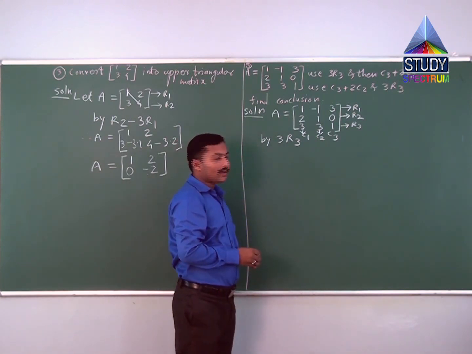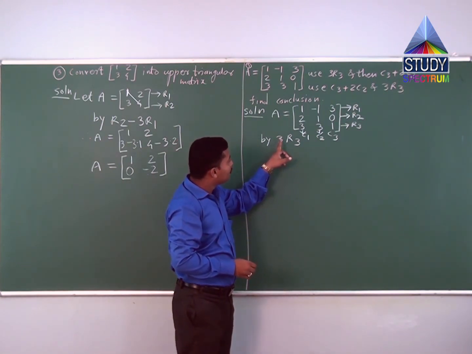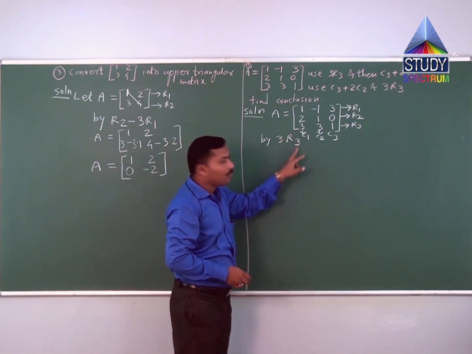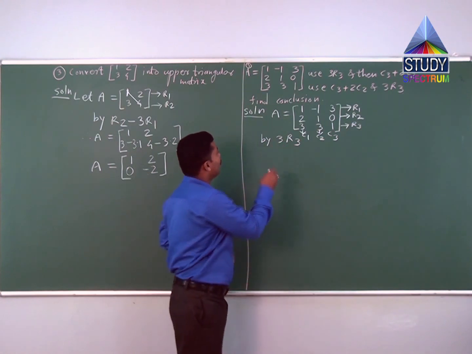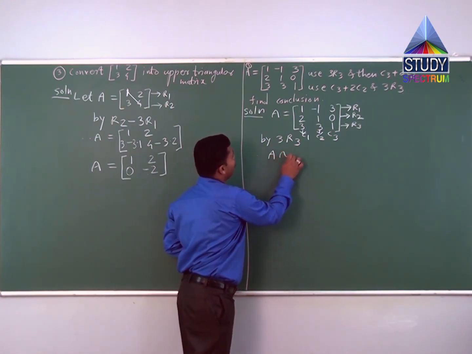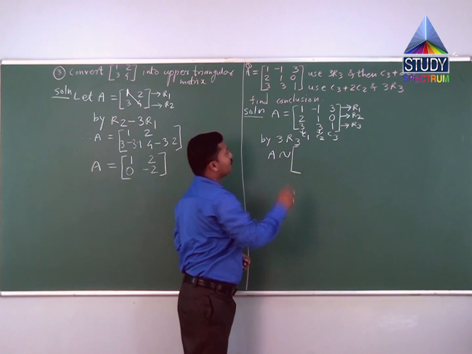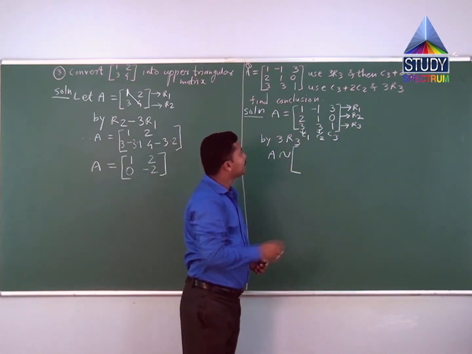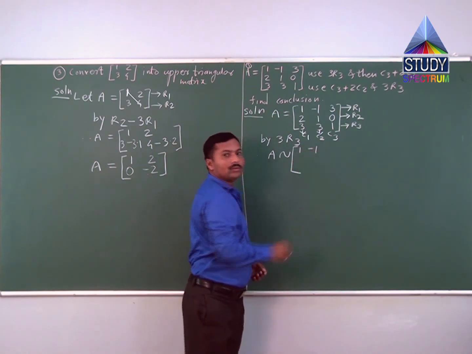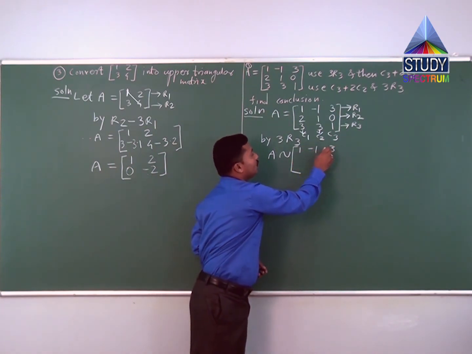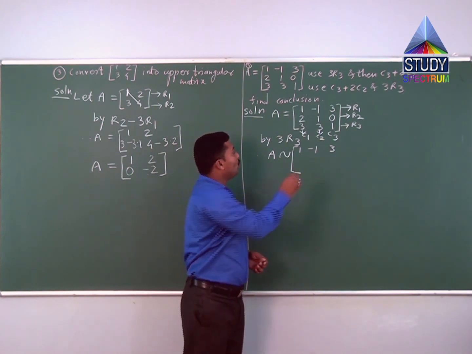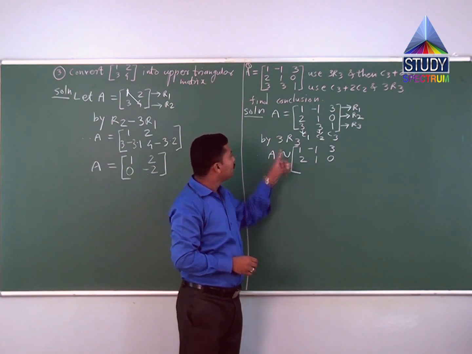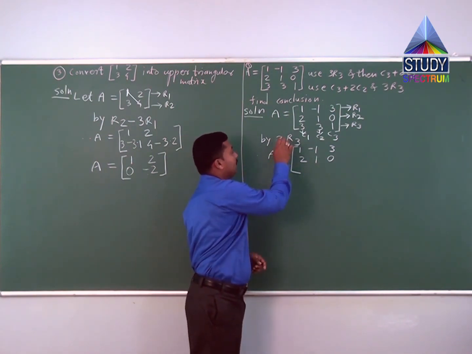So 3R3 means multiply the third row by 3, which means multiply all numbers of the third row by 3, and therefore A is equivalent to the first two rows as it is: 1 minus 1 3, second row 2 1 0 as it is, and only the third row is multiplied by 3.